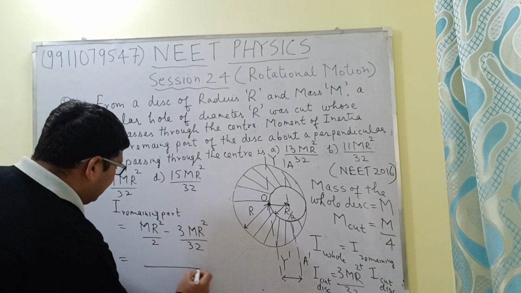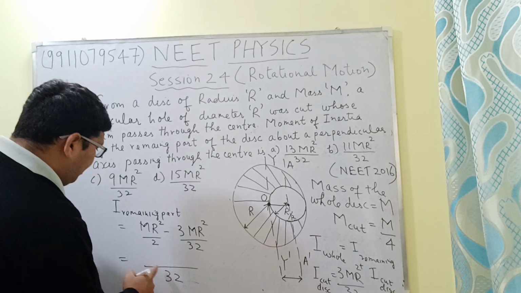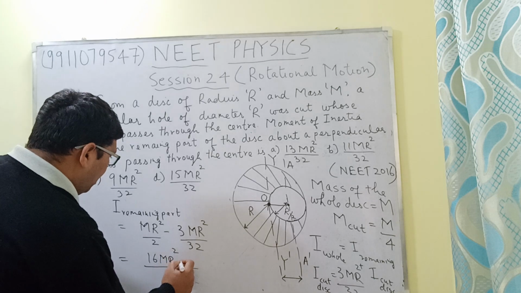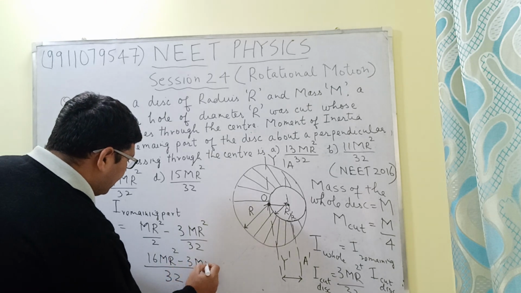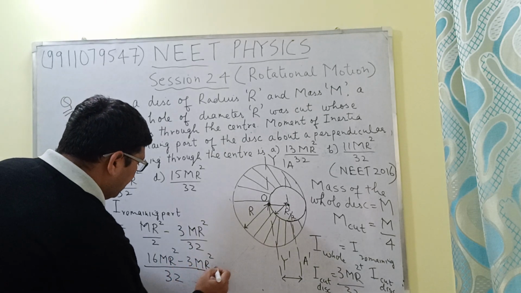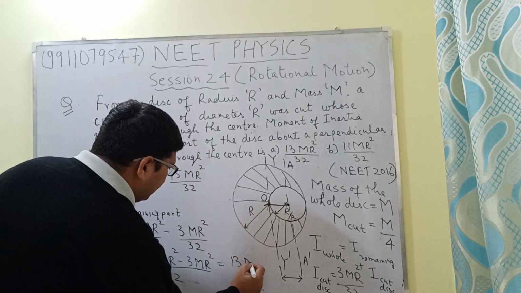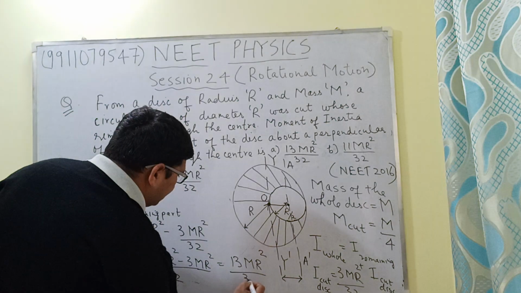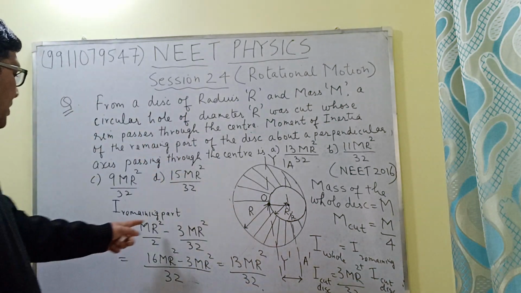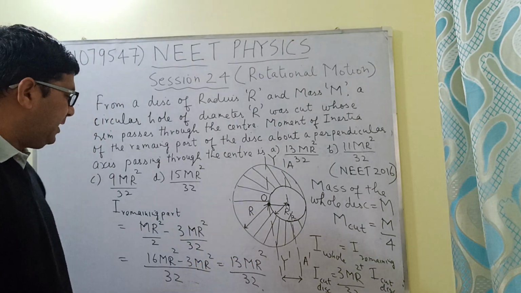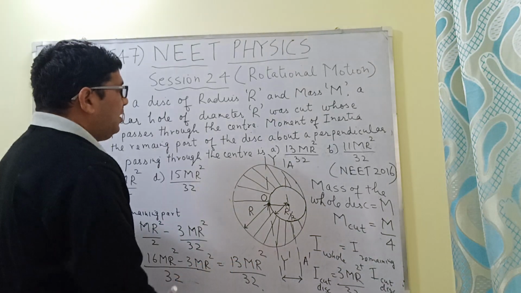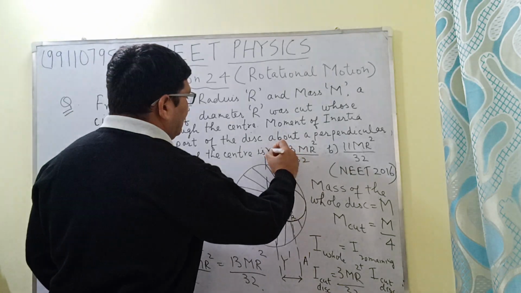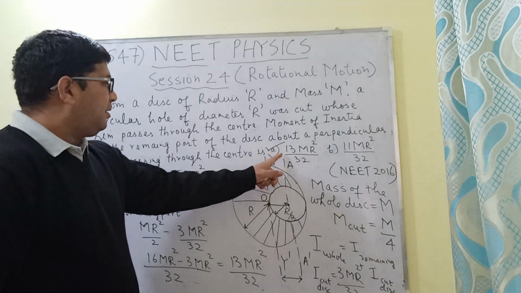If I take the LCM as 32, this will be equal to 16 mr square minus 3 mr square, which is 13 mr square divided by 32. So the moment of inertia of this remaining part of the disc is 13 mr square divided by 32. So the correct answer here is option A.